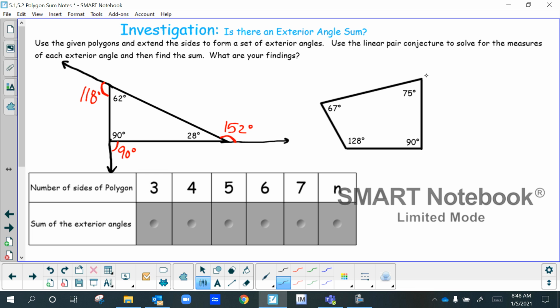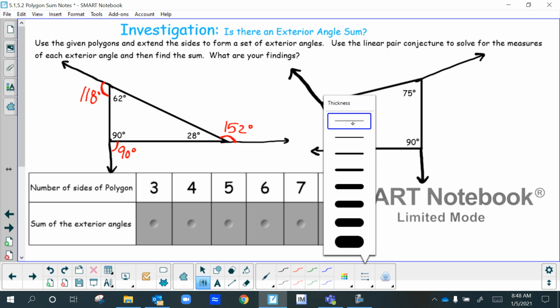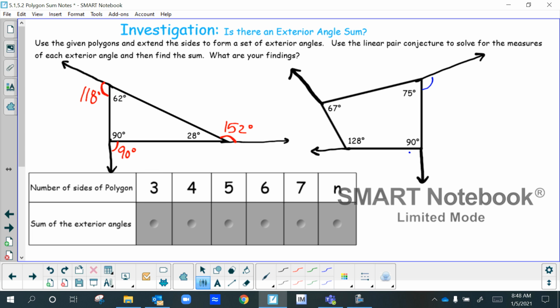So I'm going to extend, and it doesn't matter which way. You're noticing now that I'm going the opposite direction as opposed to what I did on the other one. So this is an exterior angle, this one, and that one. Let's figure out the angle measures first, and then we'll add them up in a minute.